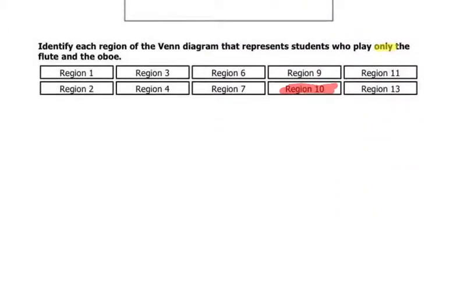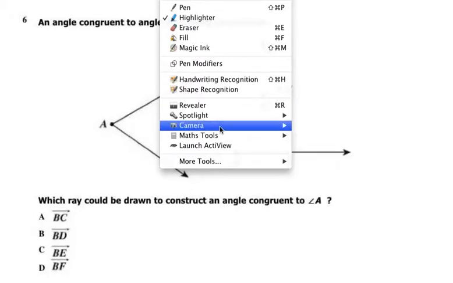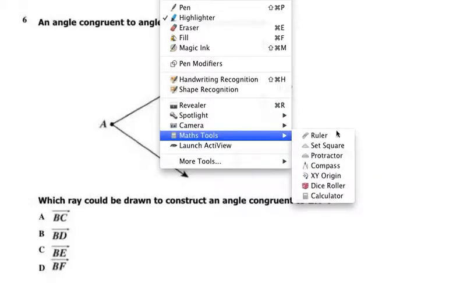Next page. An angle congruent to angle A is being constructed. Which ray could be drawn to construct an angle congruent to angle A? Well, let's get our handy dandy utensils out. And we want a compass.